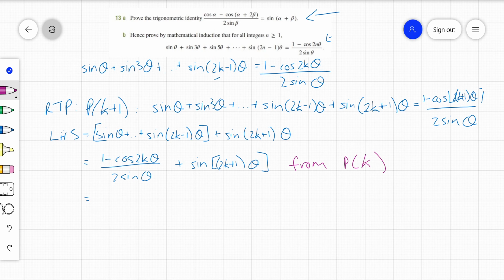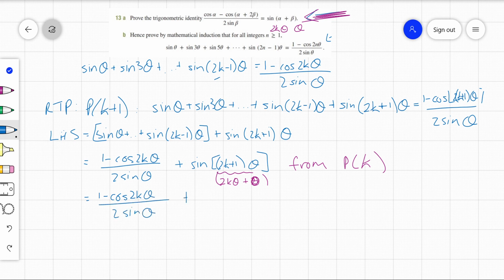And what we're going to now use is our part A. So you can see here, if I was breaking up this sine into two, it would be 2k theta and theta. That would be another way to write it. So if we make alpha 2k theta and beta theta, what does that equal? All right, so we've still got this bit, so we'll keep that there.